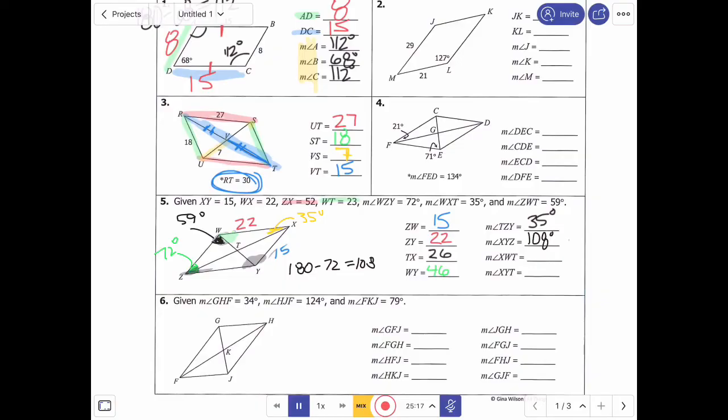Okay, so I'm going to take 108 minus 59, and that's how I get 49 degrees. So angle XWT is 49 degrees.